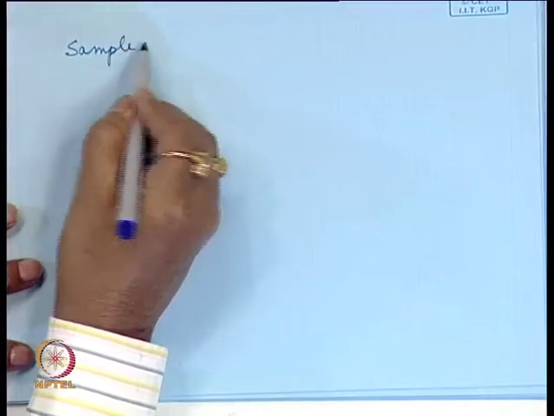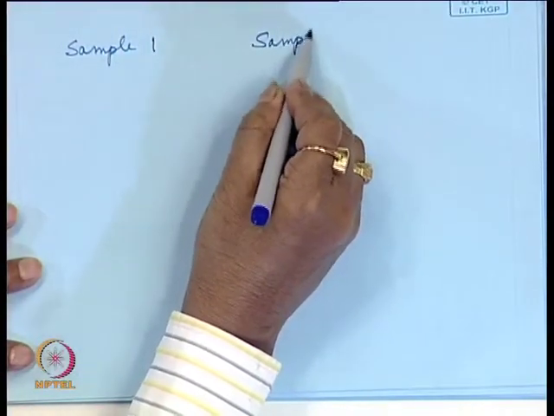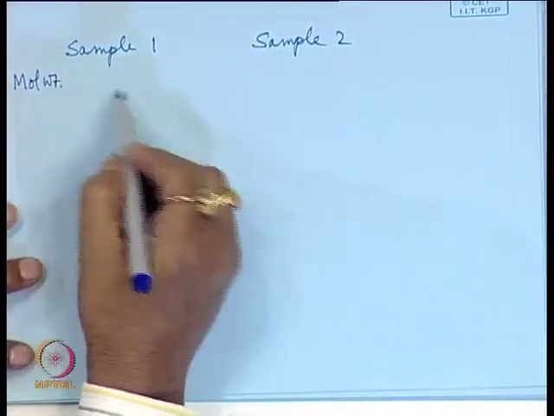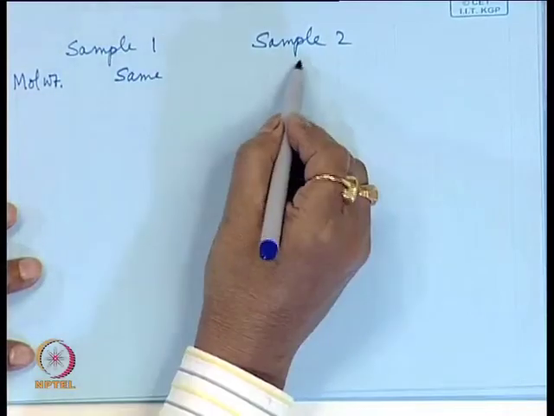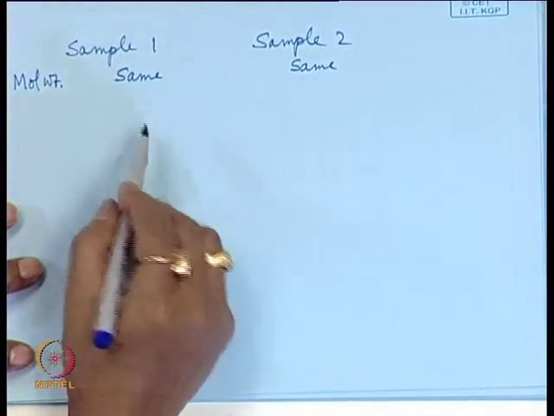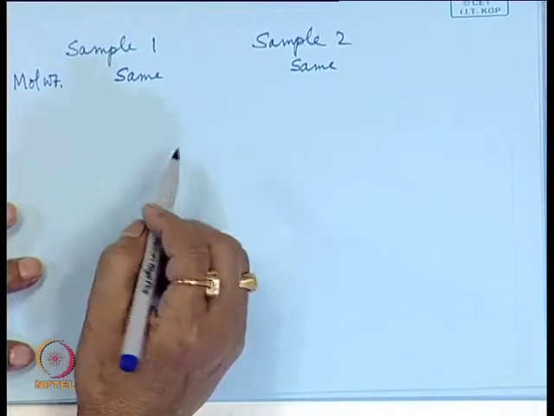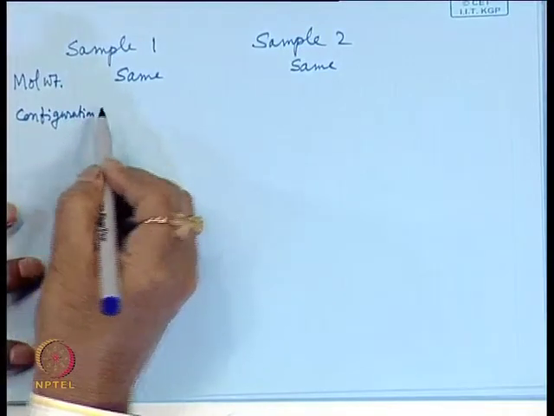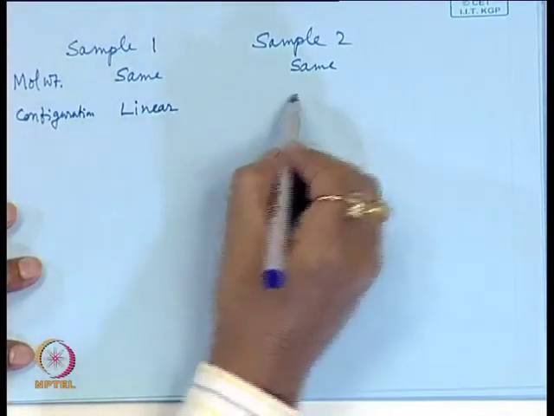If you are given two samples of a polymer having the same molecular weight, say 5 lakhs each for example, but one is linear, another is branched.